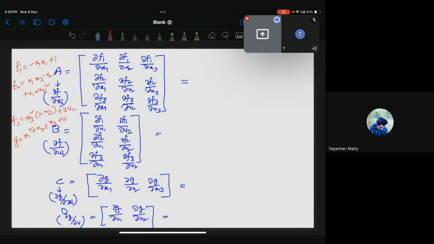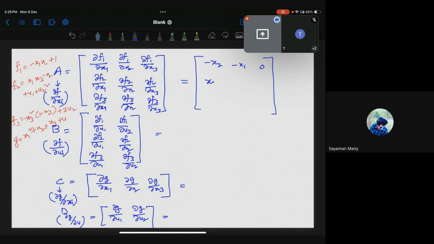So these are the functions. Now directly substitute these to get the expressions. Let's check one by one. First, ∂F1/∂X1 will become minus X2. Next, ∂F1/∂X2 is minus X1. ∂F1/∂X3 is 0.